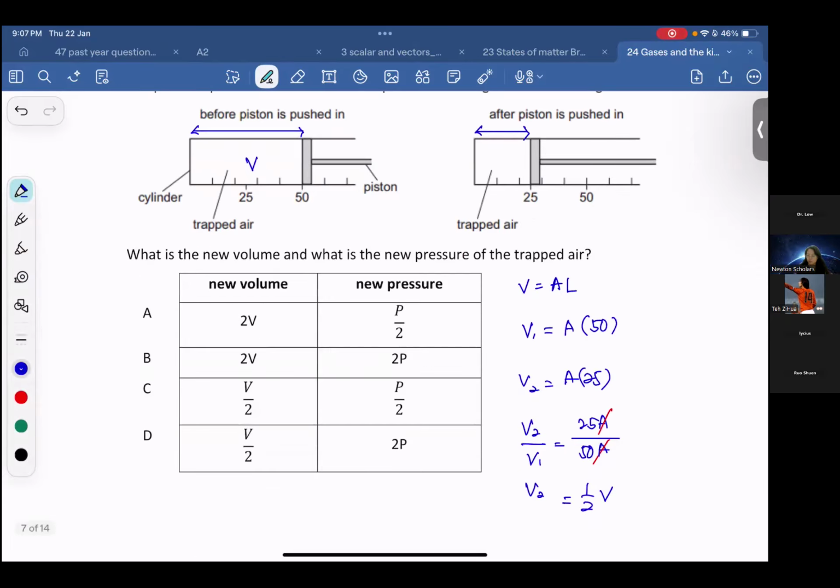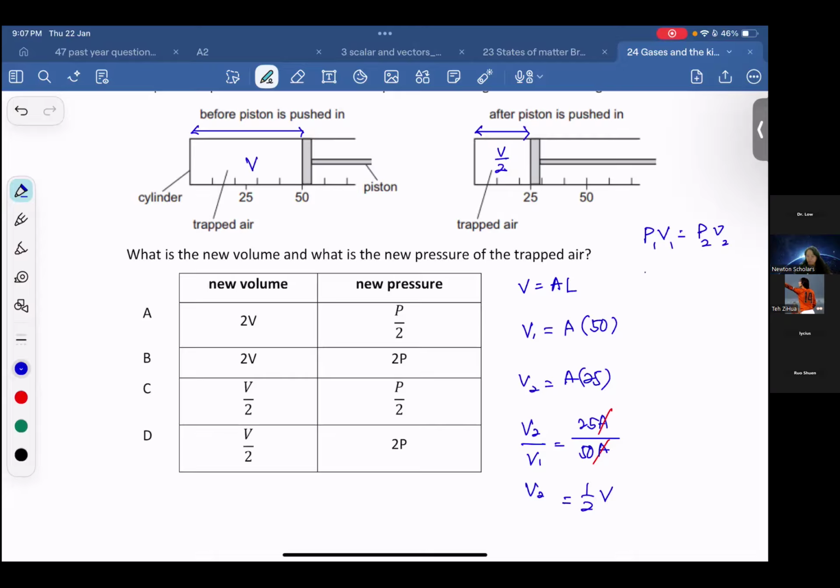I'm doing this because I want to show you in a mathematical way why at the end we get half. The volume becomes half because your length becomes half. Then your pressure: P1 V1 equals P2 V2.